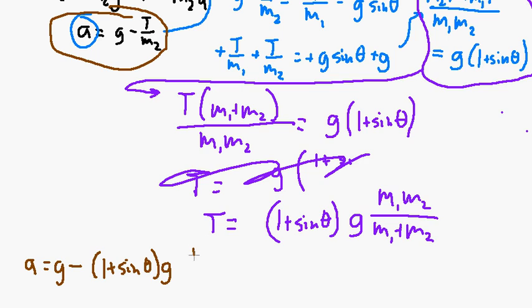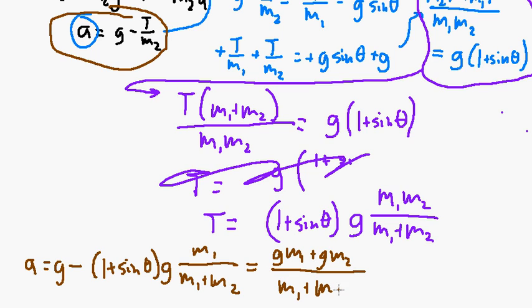And so if we take this equation and this equation, plug t in, then this is what we get. We can make this gm1 plus gm2 over m1 plus m2, which is just this g here, minus gm1 plus gm1 sine theta over m1 plus m2.